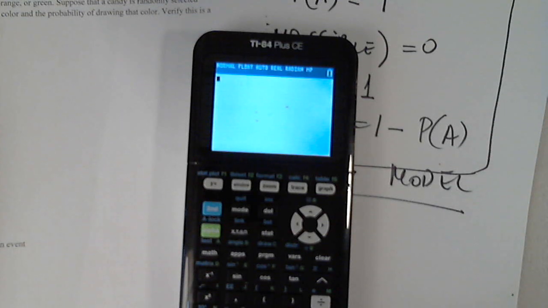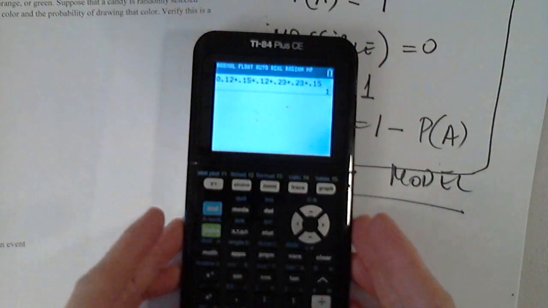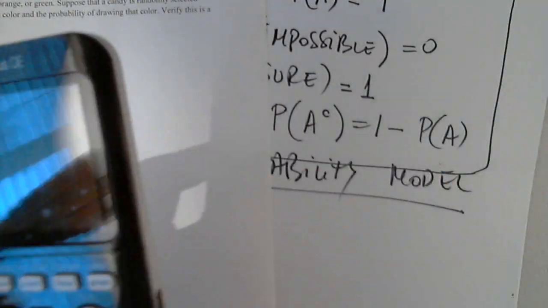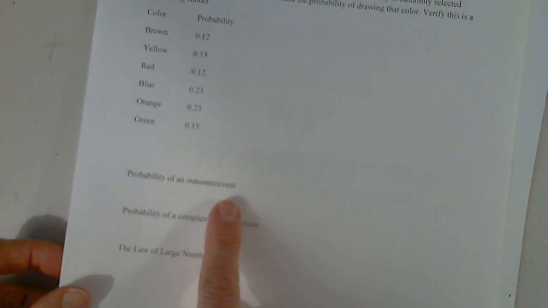So where's my calculator here? I have 0.12. I add 0.15. I add 0.12 again. I add 0.23. Again 0.23. And I add 0.15. And if the answer is not 1, I will say it's not a probability model. But it turned out that they add up to 1. And they are all positive between 0 and 1. We already talked about the probability of an outcome or event. We already talked about the probability of a complement of an event already.